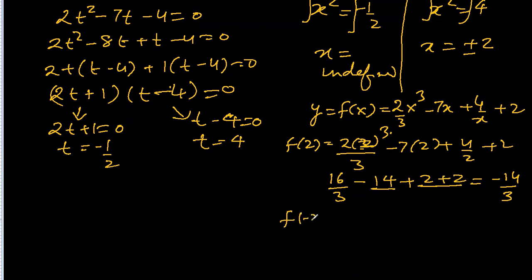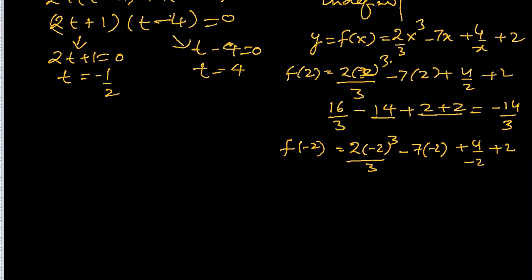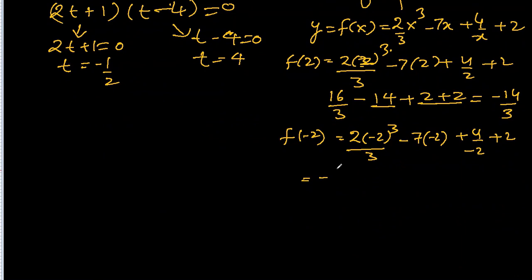Similarly, f of minus 2 equals 2 times minus 2 cubed over 3 minus 7 times minus 2 plus 4 over minus 2 and then plus 2. So it becomes minus 16 over 3 this time plus 14 minus 2 plus 2.